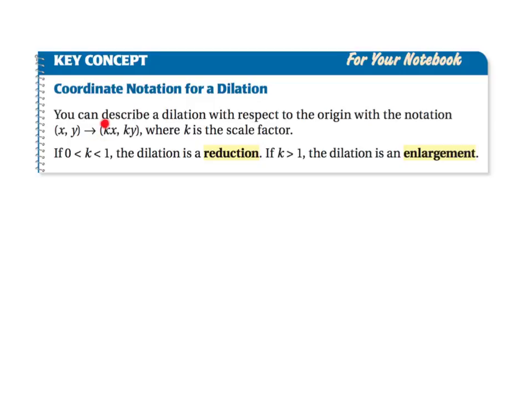So remember, that just means that I'm multiplying by some number to either make the figure bigger or smaller. If k is a number between 0 and 1, like a fraction, maybe 1/2, the dilation is a reduction, meaning that the new figure would be smaller than the old figure. If the k value is greater than 1, then the dilation is an enlargement, meaning that the new figure would be bigger than the old figure.